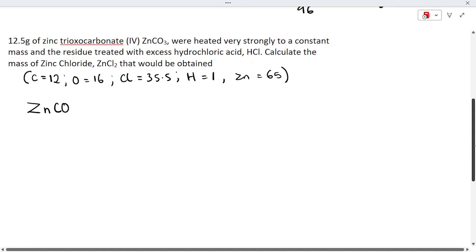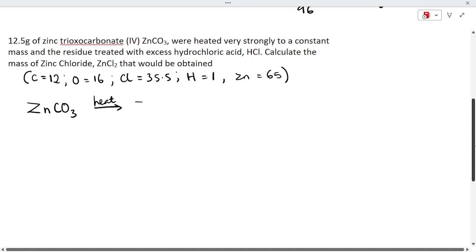So we have to ask ourselves, when zinc carbonate is heated, what happens? Let me just put heat here. Now you know most times, when carbonates are heated, you tend to liberate the oxide. If it's a metallic carbonate, mostly you tend to liberate the oxide of the metal and carbon dioxide.